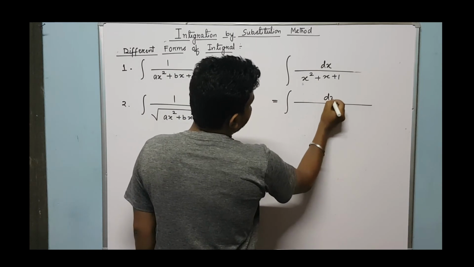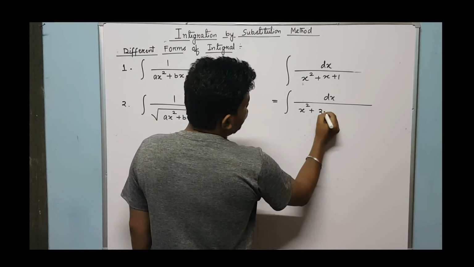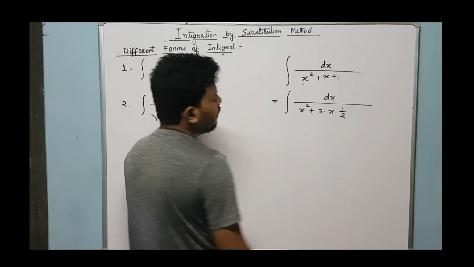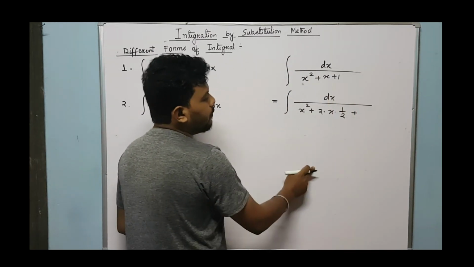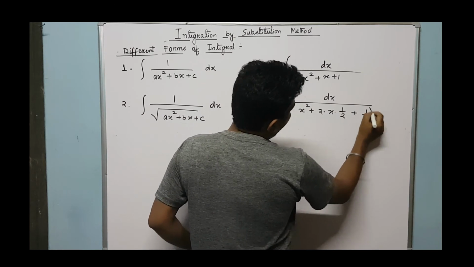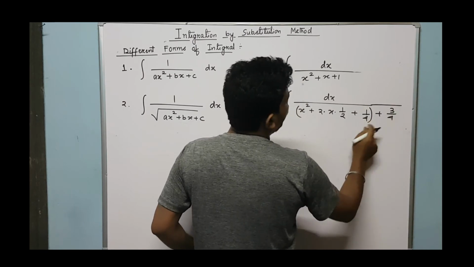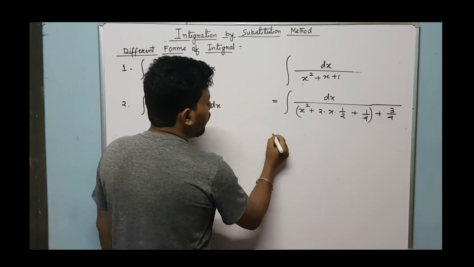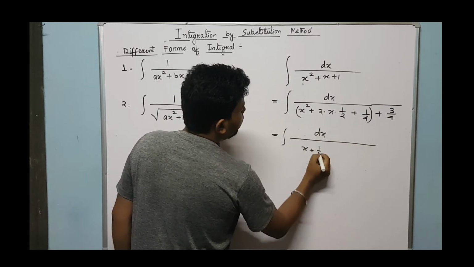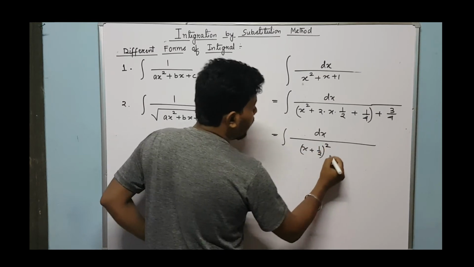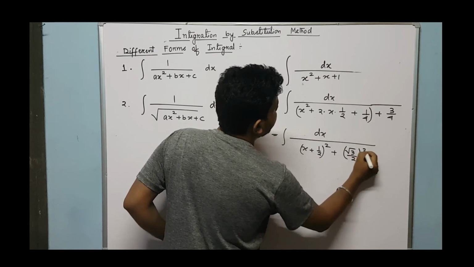Here in dx, x square plus x can be expressed as x square plus 2 into x into half, and this 1 can be expressed as 1 by 4 plus 3 by 4. What is 1 by 4 plus 3 by 4? It is 1. So it becomes dx by x plus half whole square plus 3 by 4, which will be root 3 by 2 whole square.